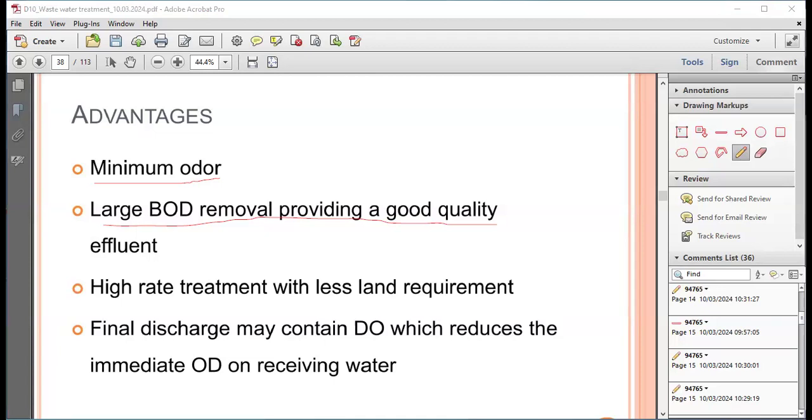Effluent means liquid waste, like wastewater.